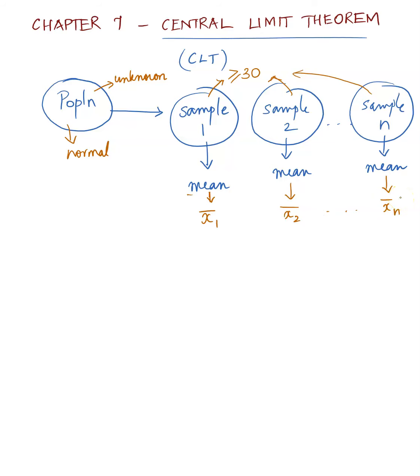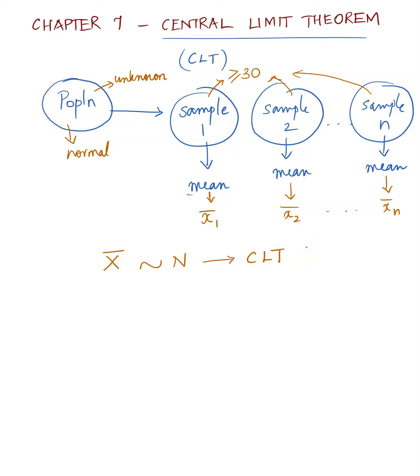If these are now your data values, then these sample means, not x but x bar, will follow a normal distribution, no matter what the distribution of the original population is. That is what CLT assures.